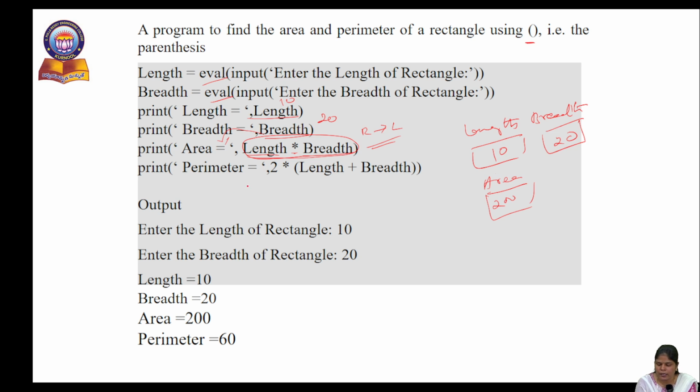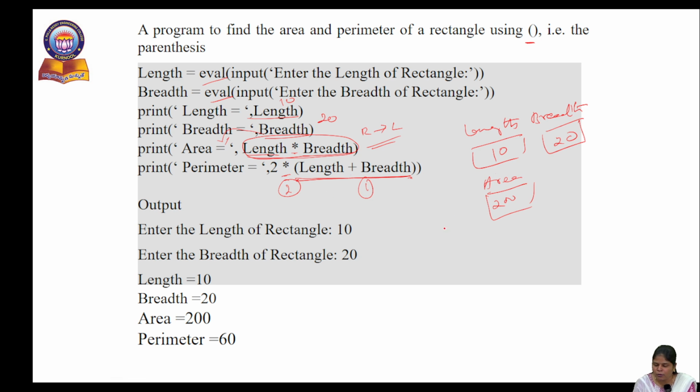Now for the perimeter, 2 into length plus breadth, 2 into (length plus breadth). First, into is given higher precedence than plus, but as I mentioned, length plus breadth is within the parenthesis, so it is given the highest precedence, and into is given the second precedence.